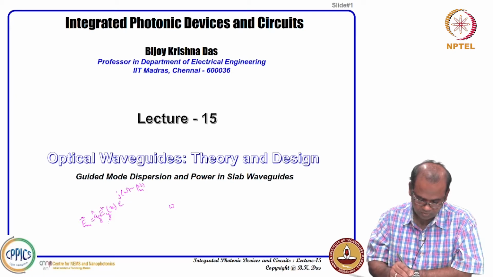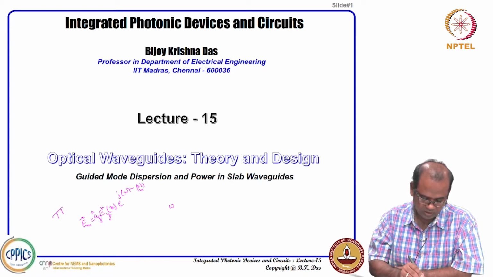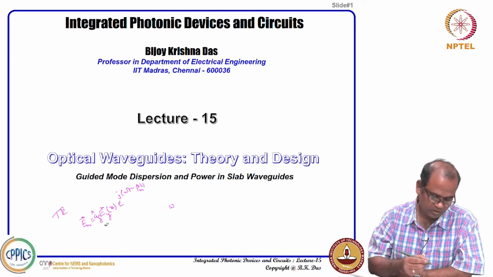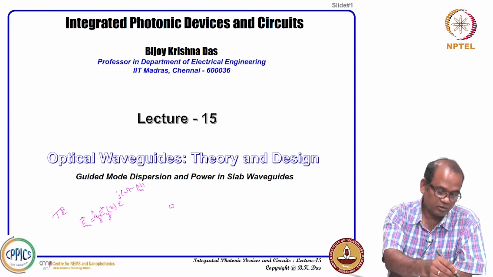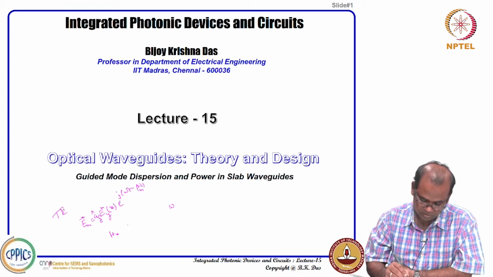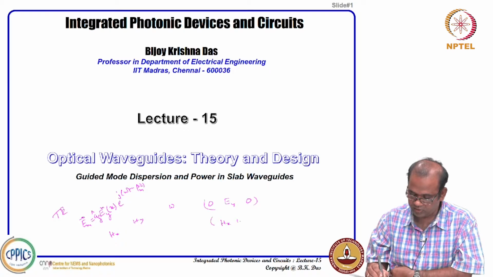We also know how to find the other components, like the magnetic field components H_x and H_z, for TE polarization. The electric field and magnetic field components are all functions of x, because in the x direction it is confined.